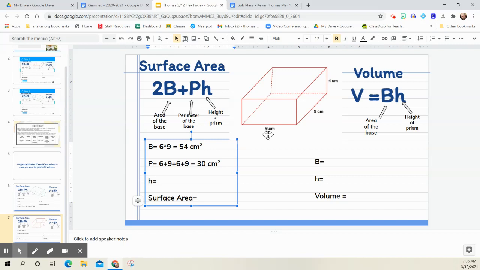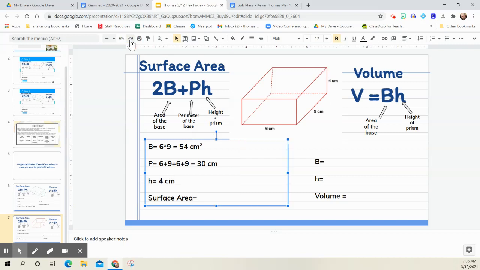Oh, is it centimeters squared? No, it is just regular centimeters because in a perimeter, you're just finding the distance around something. You're not counting up the squares to fill the inside, you're figuring out the distance around the outside. And then the height of the prism is the distance from the bottom to the top, and that's 4 centimeters.